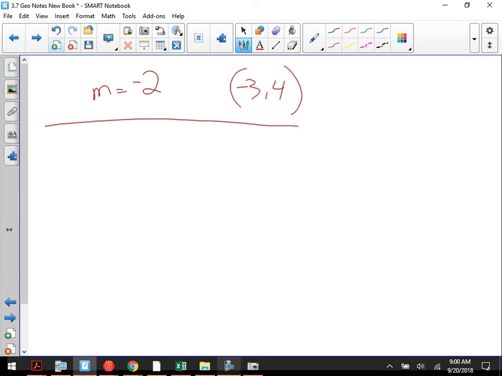So when you have to write the equation of a line that has a slope and a given point, remember, you could do what she was saying, is you can use the x's and y's, find the y-intercept. But the more traditional way is to use what's called point slope form.